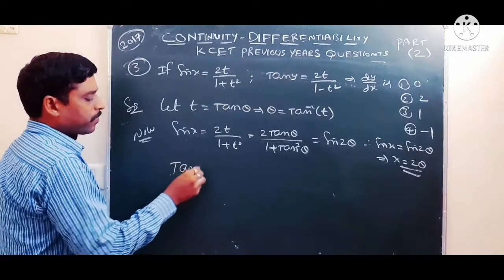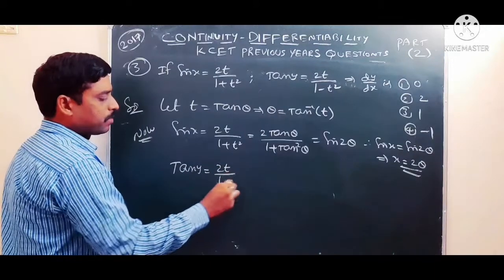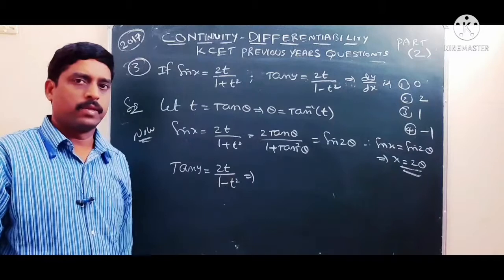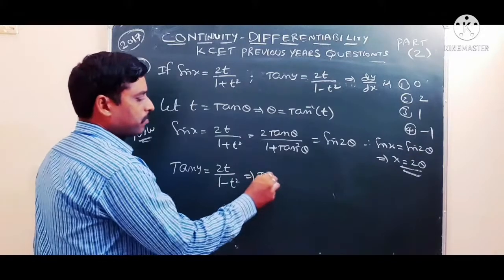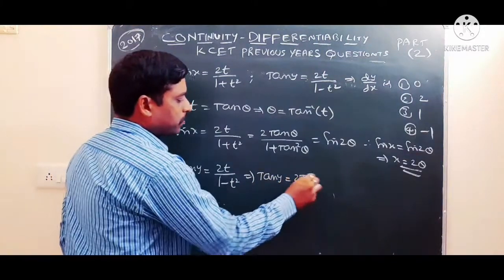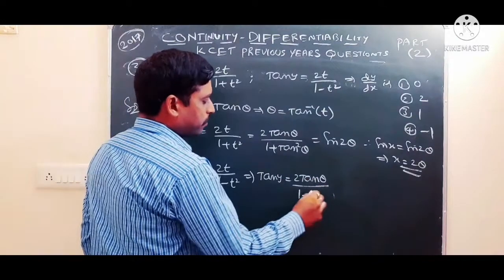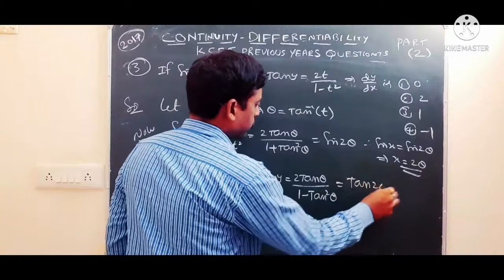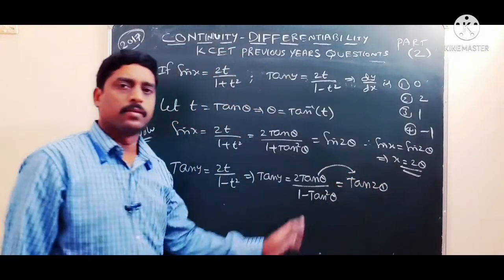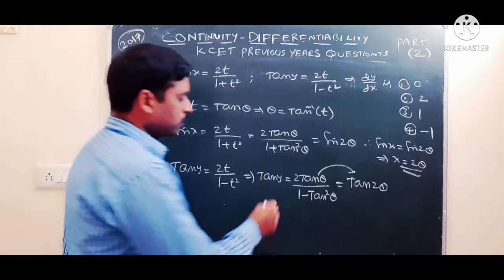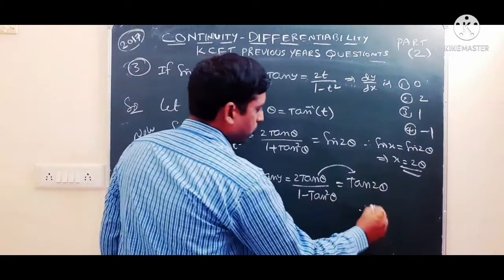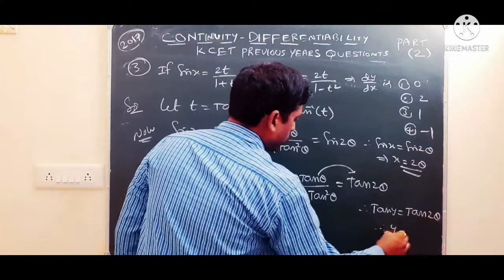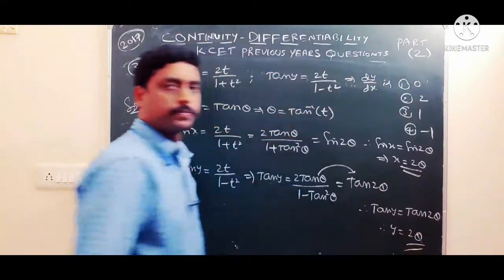Tan y is equal to 2t by 1 minus t square. In the place of t, we write tan theta. So tan y is equal to 2 tan theta by 1 minus tan square theta. This will be tan 2 theta. So tan y is equal to tan 2 theta, therefore y is equal to 2 theta.